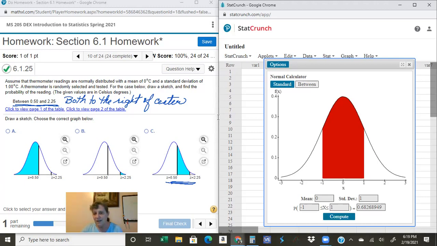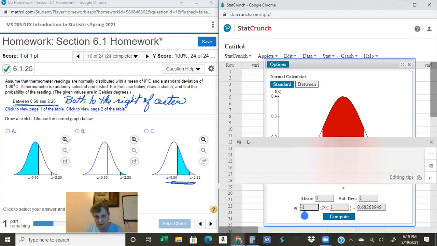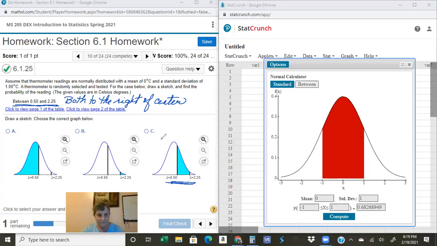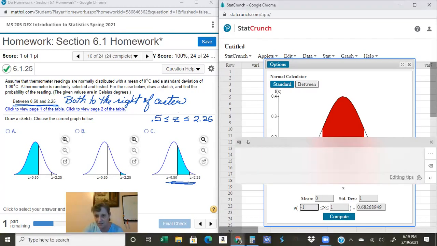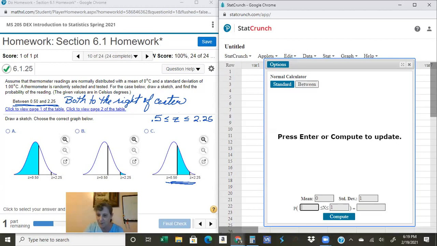So to calculate the area that falls between z is 0.5 and 2.25, we would write that 0.5 is less than or equal to z is less than or equal to 2.25. So when I come down here, I'm going to put the first number in as 0.5.